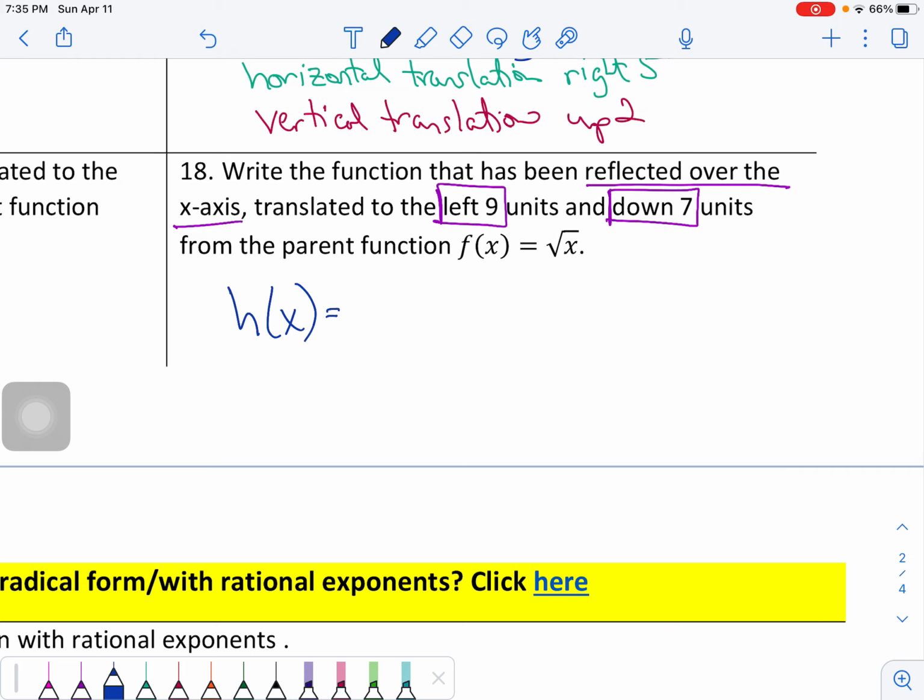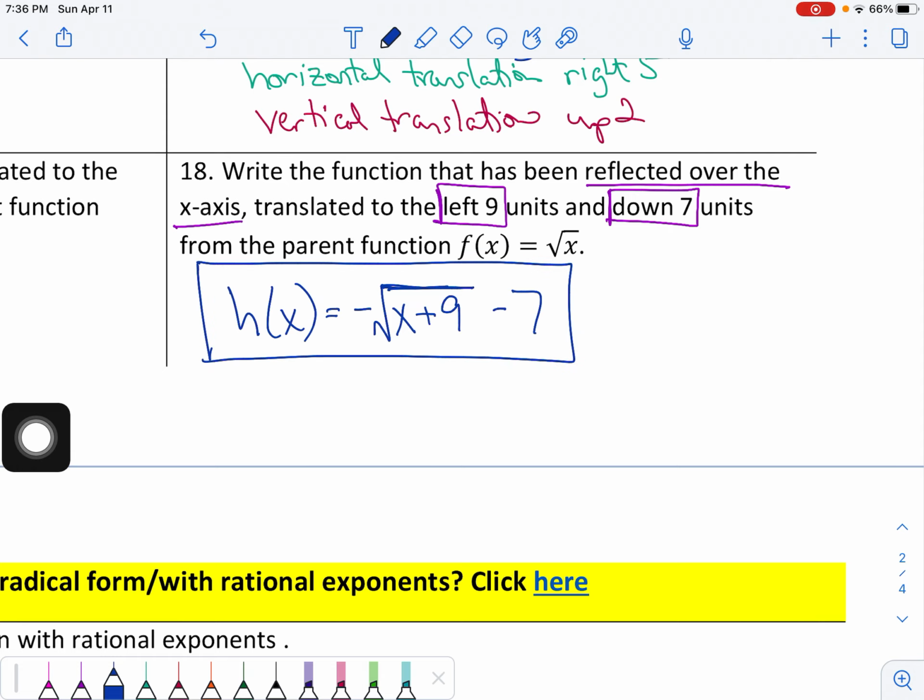All right, reflection over the x-axis means we're going to have a negative in front of the square root. Inside the square root, to move us to the left 9 units, we want to do x plus 9. And to move down 7 units, we're going to do minus 7 outside of the radical after it's already been done. So those 3 transformations will take care of the reflection, shifting to the left and down 7 units.